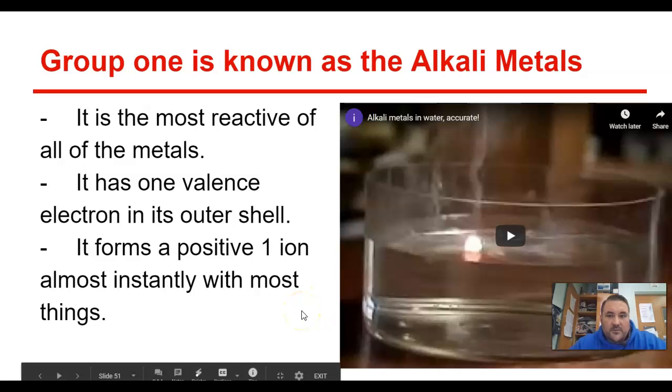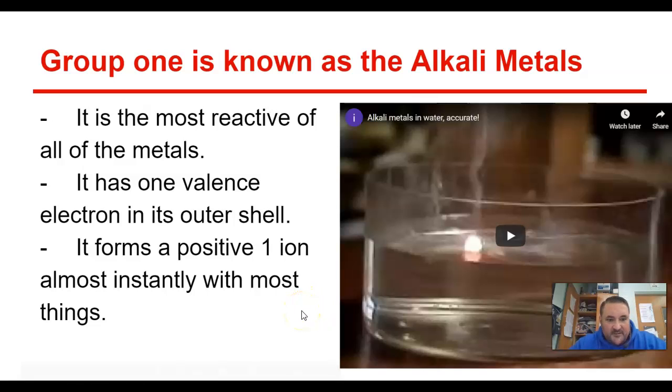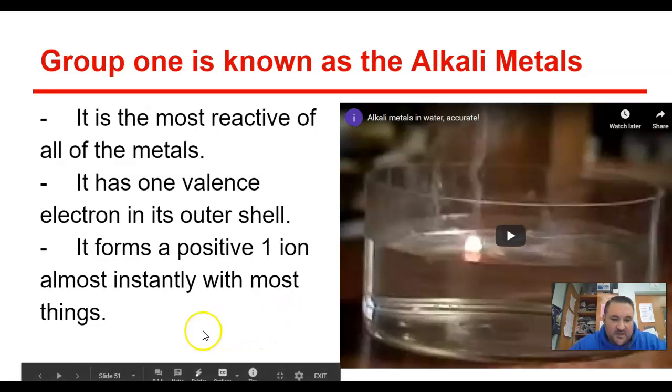The first group, the alkali metals, is by far the most reactive. It has a lone electron in its valence shell. And that lone electron is easily lost. When you lose an electron, you become positive.